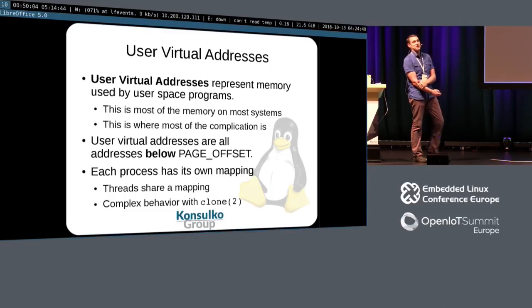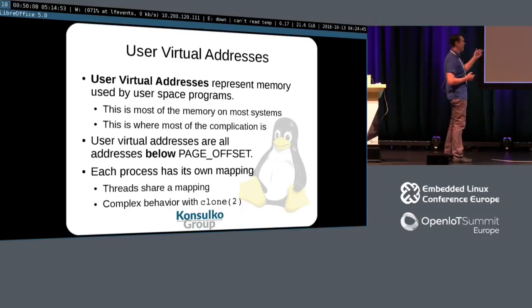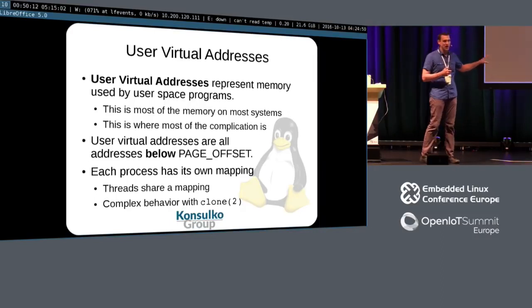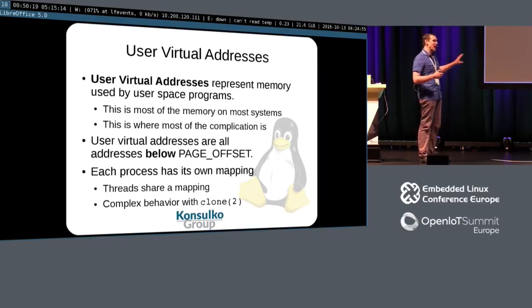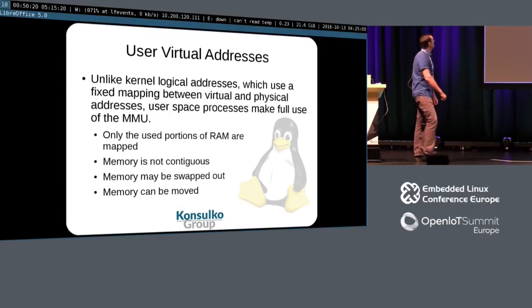Each process has its own mapping, meaning its own view of virtual address space. Threads share mappings, and things get a little more complicated with clone because there are a lot of options and you can choose how much you're sharing, but that's beyond intro level.